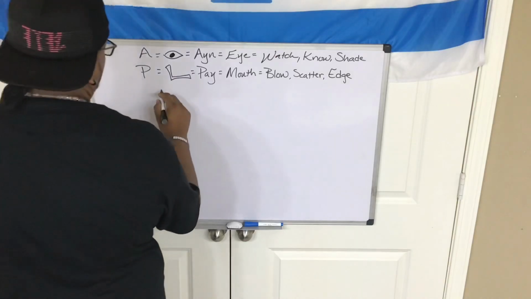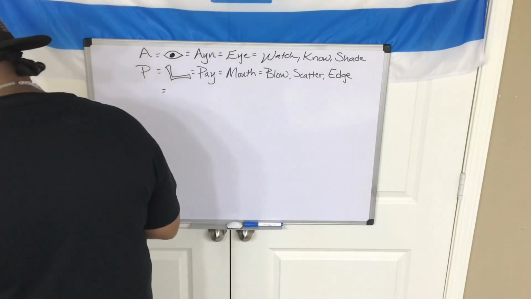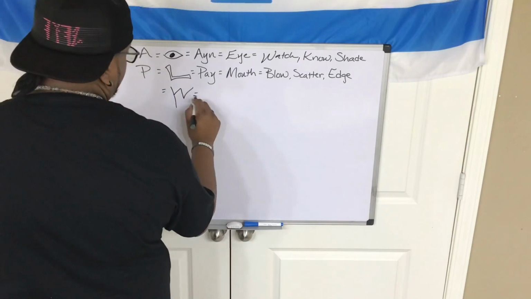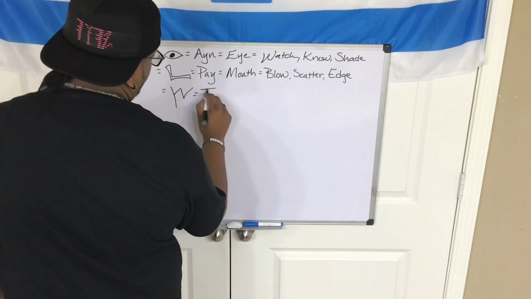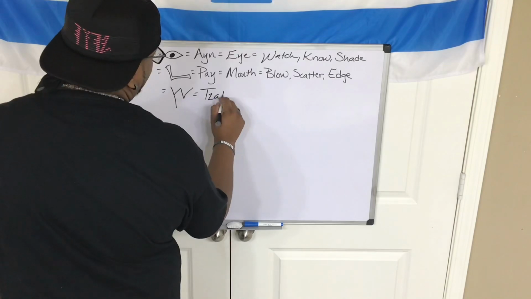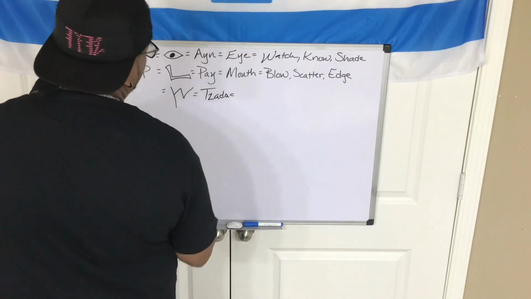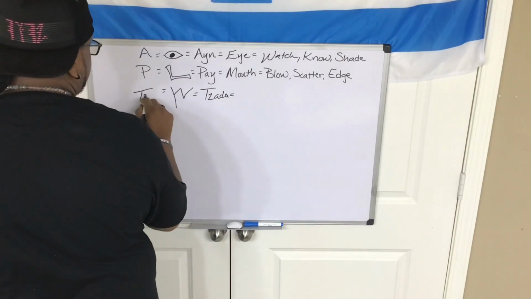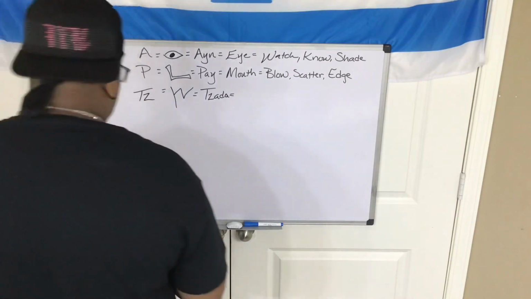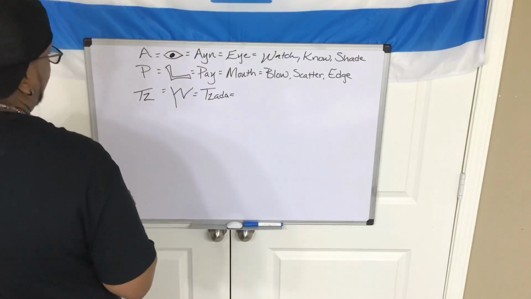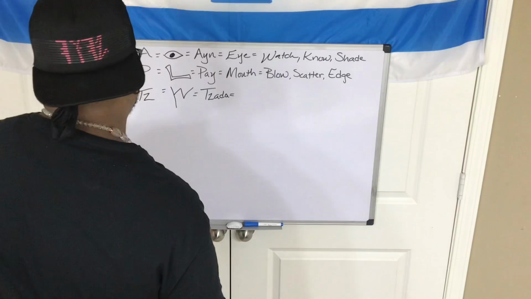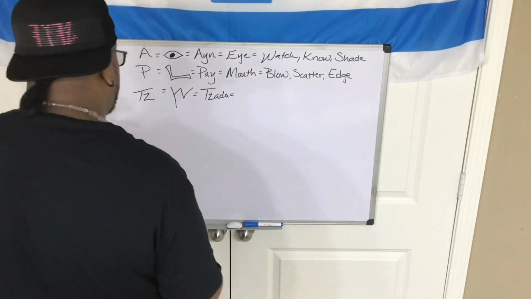The next one. This is one of my favorites as well. This is the Zada. It represents TZ. Very key in words like Zadik, which means righteousness. Haaretz ends in TZ.